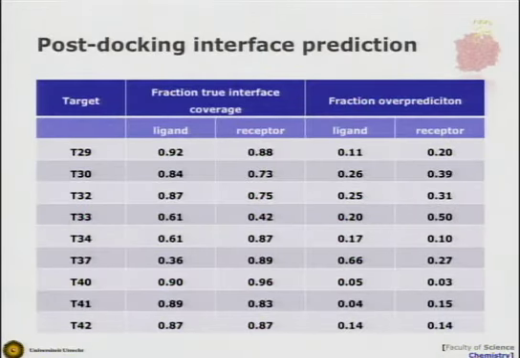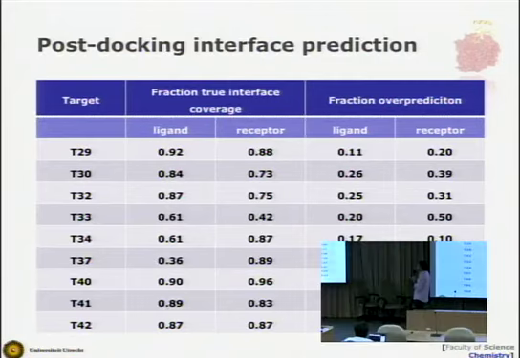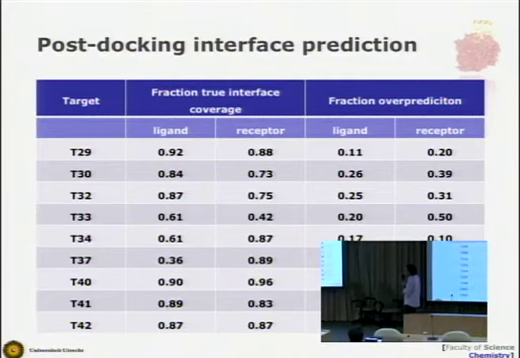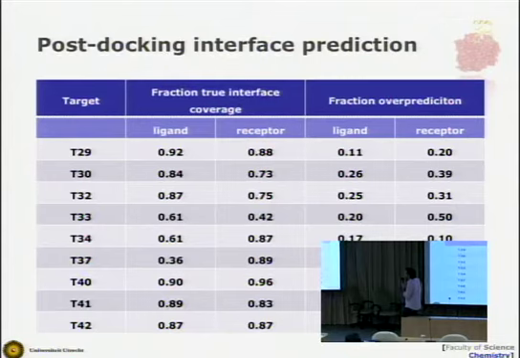So 90% success rate. Going back to the previous evaluation, remember we were only 60% successful in that round of Capri. But if you look at the fraction of the true interface that you predict, that's the interface coverage, even in cases where we are wrong, and in some of these cases we did not predict the correct structure, if you look at the receptor and ligand on average, we are clearly above 60 or 70% correct prediction.